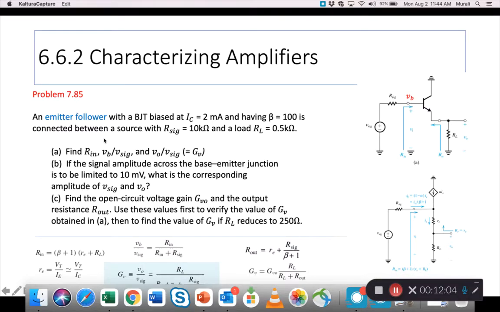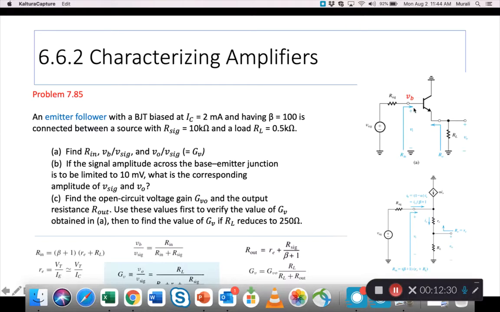It's an emitter follower, or common collector, and the biasing current is given to be 2 milliamps and beta is given. There is a source with 10 kilo ohms resistance, and a load is also given, 0.5. So with all this, find Rin and these two gains.